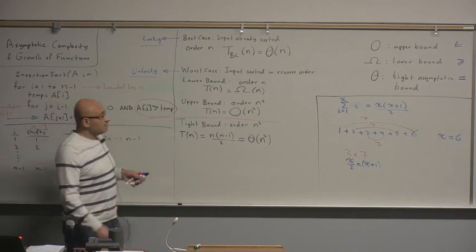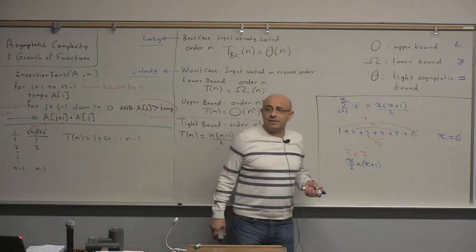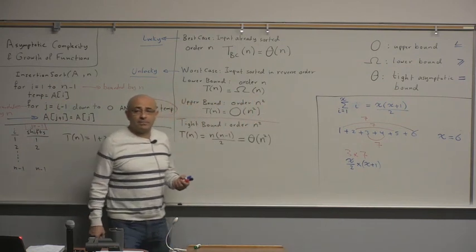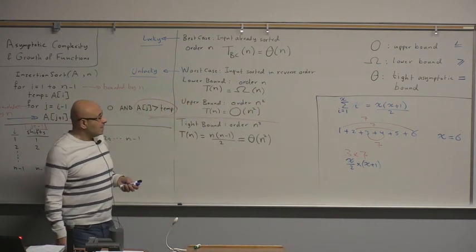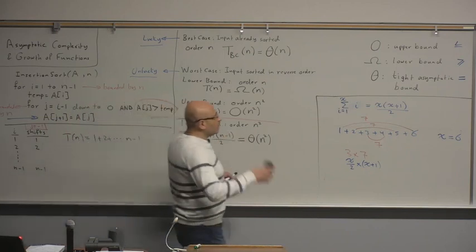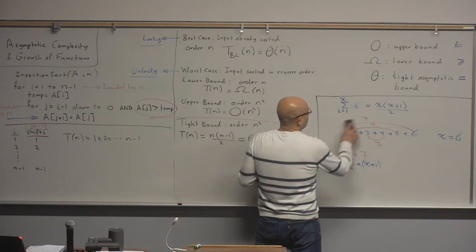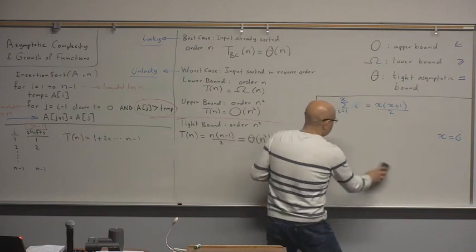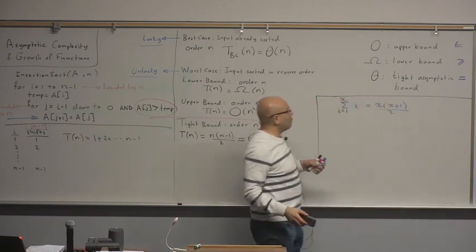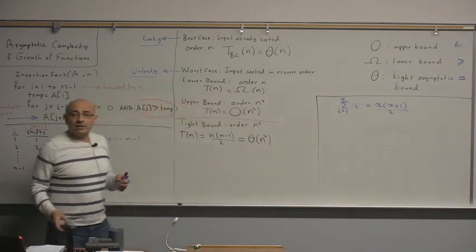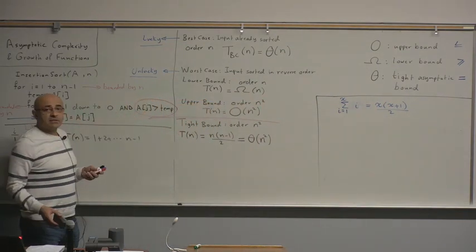Okay, and we will be using the arithmetic series and the geometric series quite a bit in this course. We will do the geometric series when we start analyzing trees. Okay. Any questions?